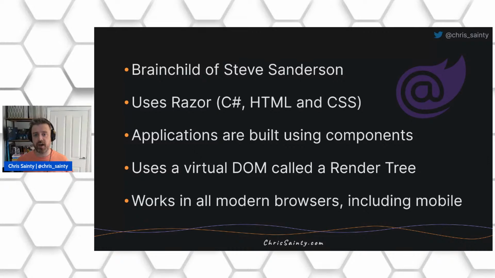This can be very fast, and it's used to calculate the minimum number of updates required to change the application's current state to the state that it needs to be, and update the various parts of the UI that are going to change, maybe to create the look of navigating between pages and this kind of thing. Blazor's version is called a render tree. What it's called is kind of irrelevant, but the concept is the important thing.